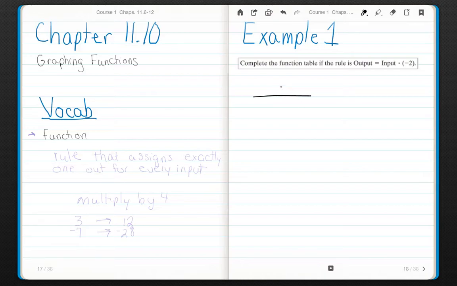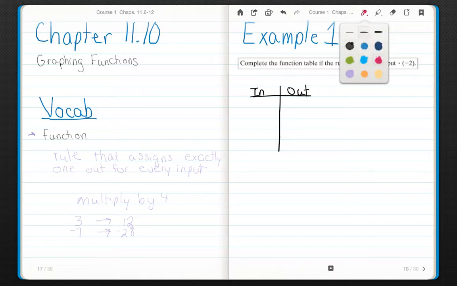It is simply a T. And just to abbreviate, I'm going to put in and out. If I was thinking about a graph, and we'll talk about this later, your input is your X value, your output is your Y value.